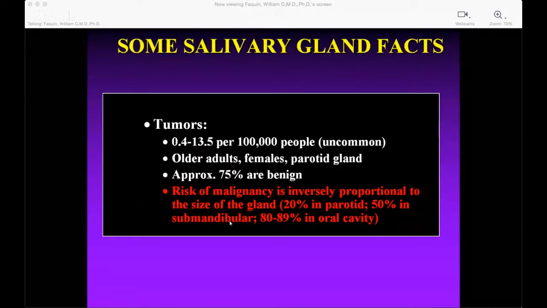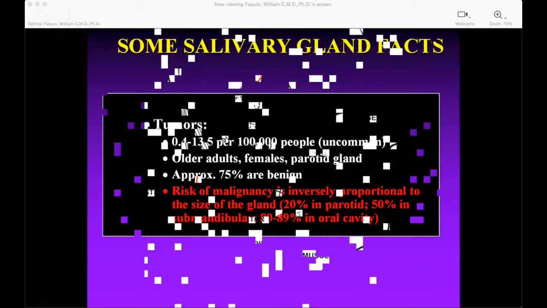If you're dealing with a tumor in the submandibular gland, the risk of malignancy goes up closer to 50%. And if you're dealing with a tumor in one of the minor salivary glands, such as in the oral cavity, the risk of malignancy can go up to 80 to 90%. So I think it's important to keep that in mind, the site of the tumor, when we're coming up with our differential diagnosis and trying to classify based on cytomorphology.